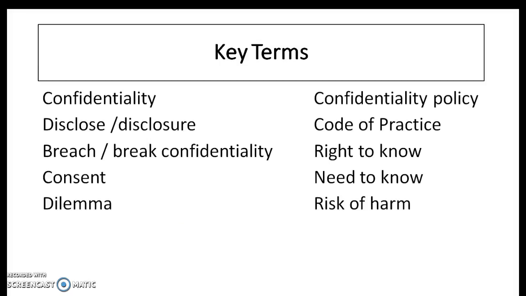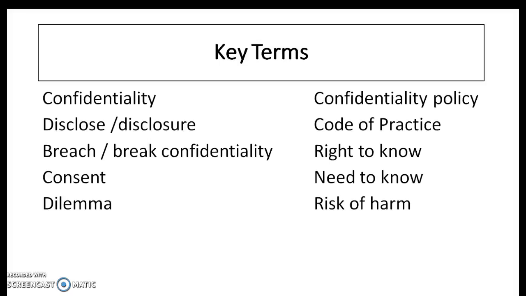A dilemma is another word for a problem. In this case, it's a situation in which a difficult choice has to be made. So, the patient has a right to have information kept confidential, but I'm not sure that this information I should keep confidential. Could it harm the patient if I keep it confidential and don't pass it on to others?